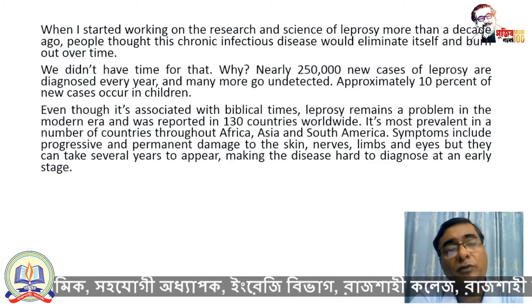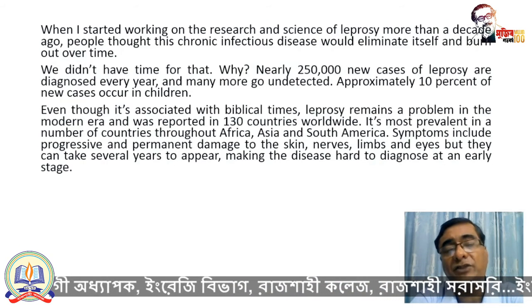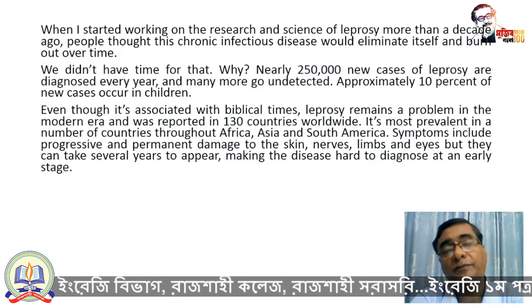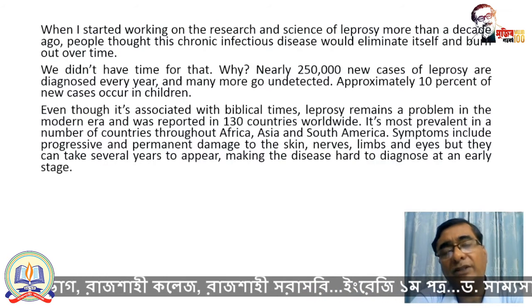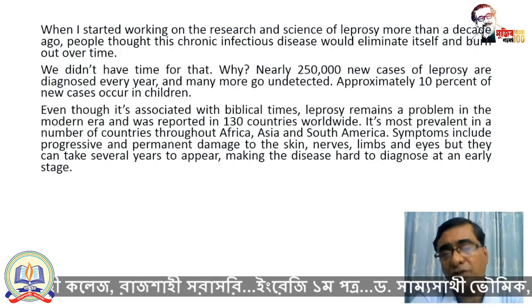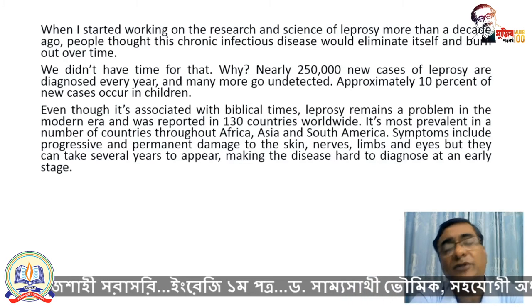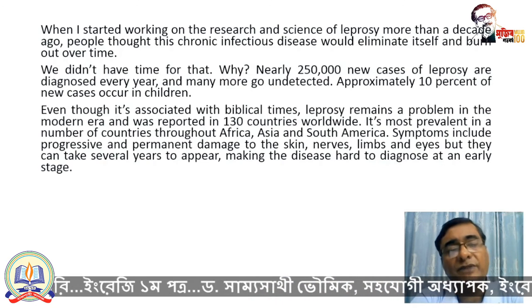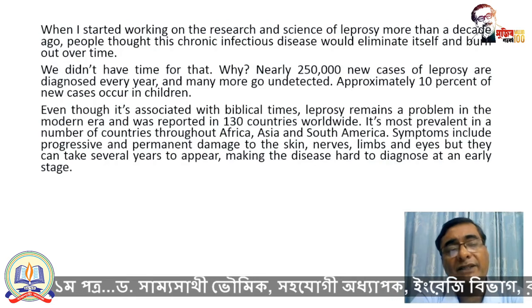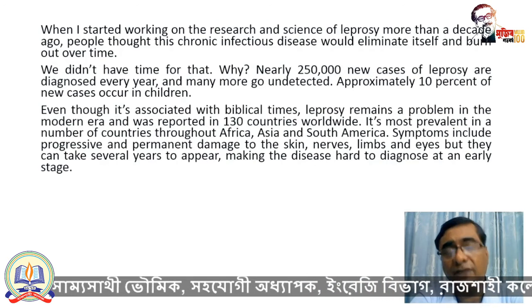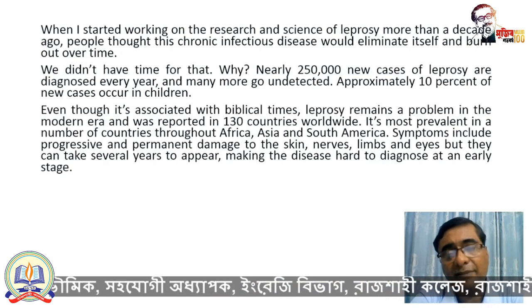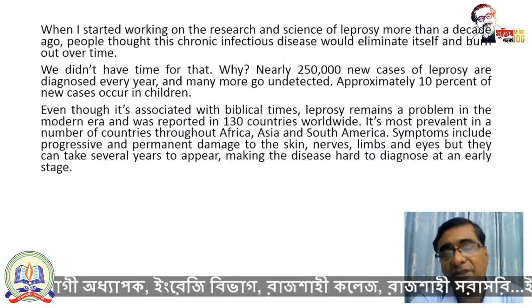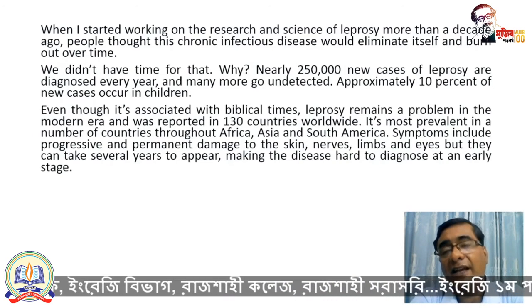Symptoms include progressive and permanent damage to the skin. So now we get to know about the symptoms and signs of leprosy. What are the signs and symptoms of leprosy? The symptoms include progressive, I mean developing, and permanent damage to the skin. So it creates damage to the skin, nerves, limbs, and eyes.